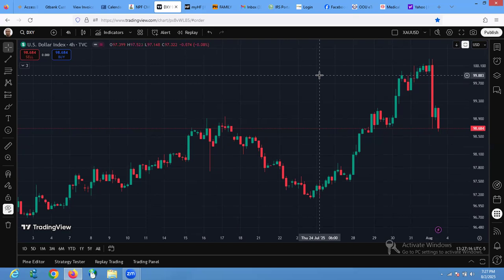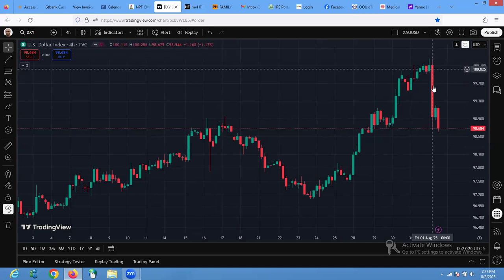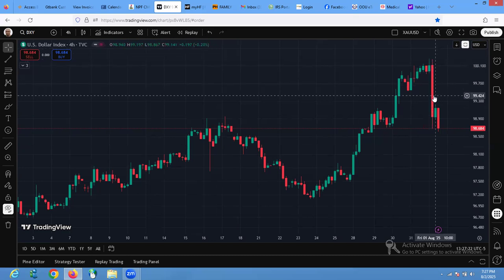A pin bar or an engulfing candle. When you see an engulfing candle, it means that in this case, the direction is towards the downside. But in the immediate time frame, this will not help you.